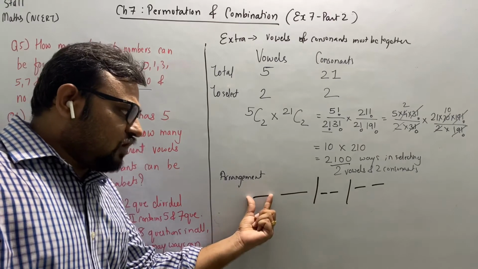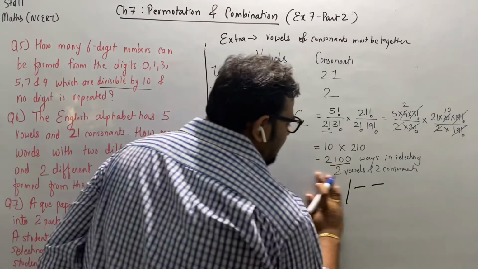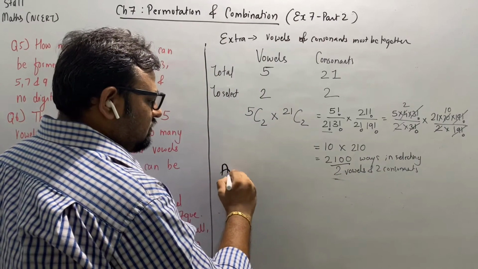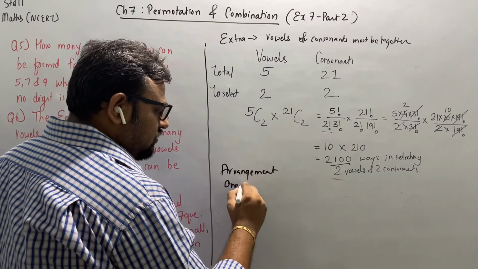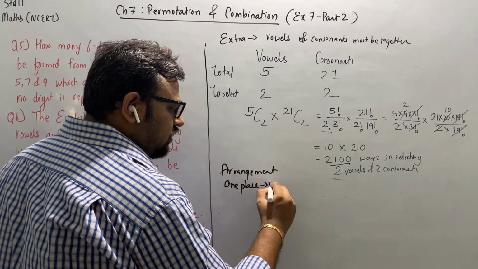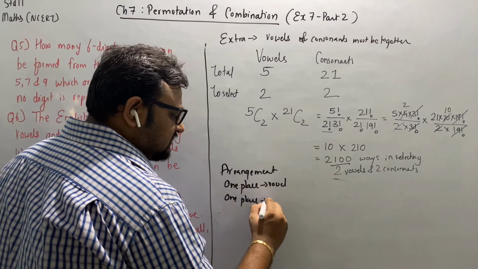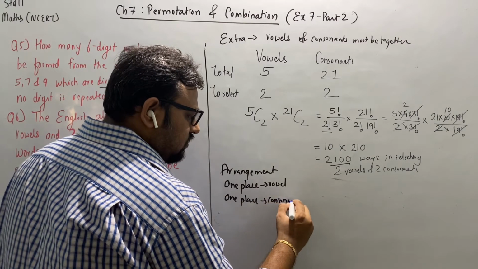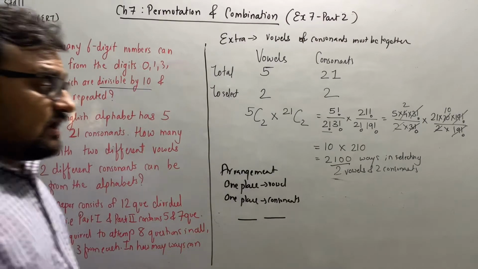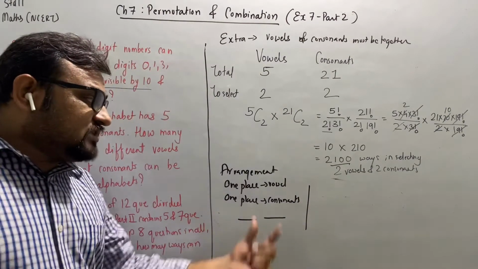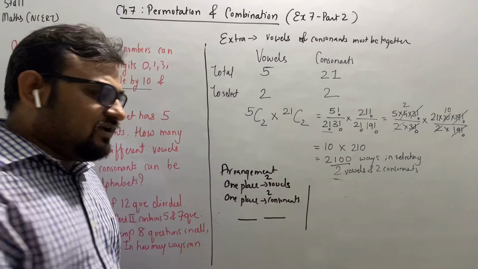So this is the total. One place for vowels, one place for consonants. So only two places. Right? Now, in whichever place the vowels will be, there are two vowels, how will they arrange?